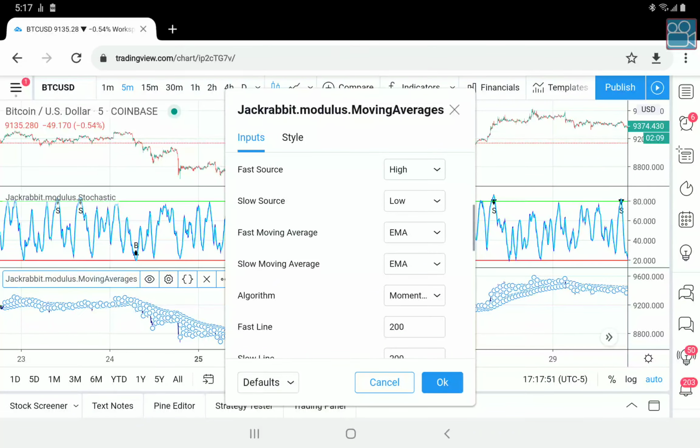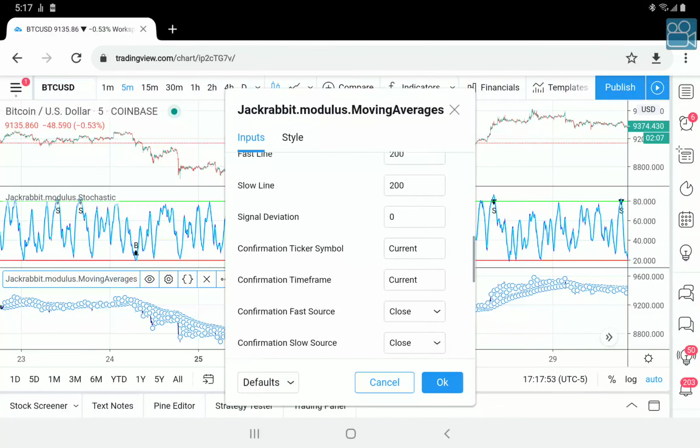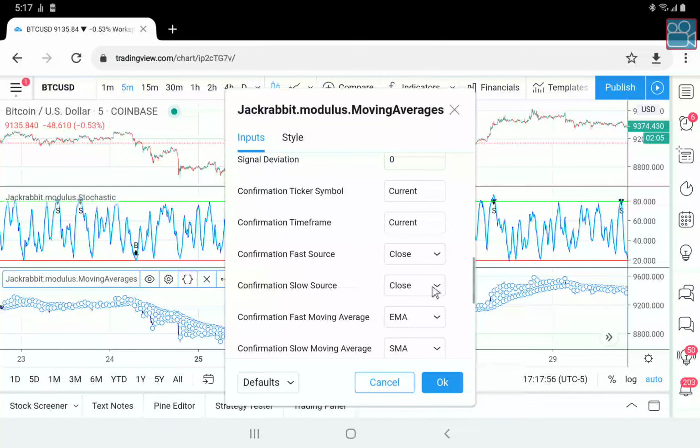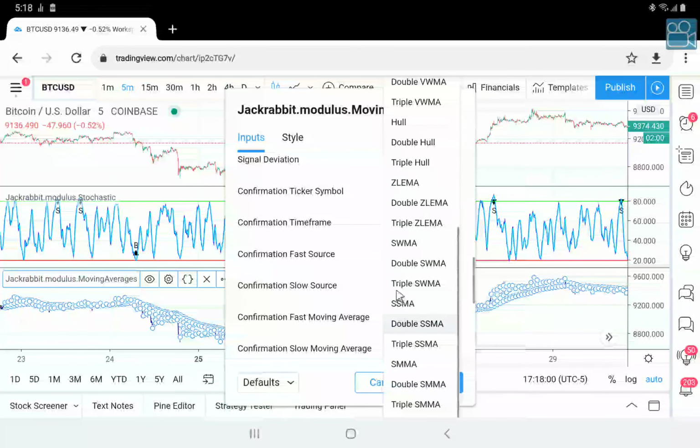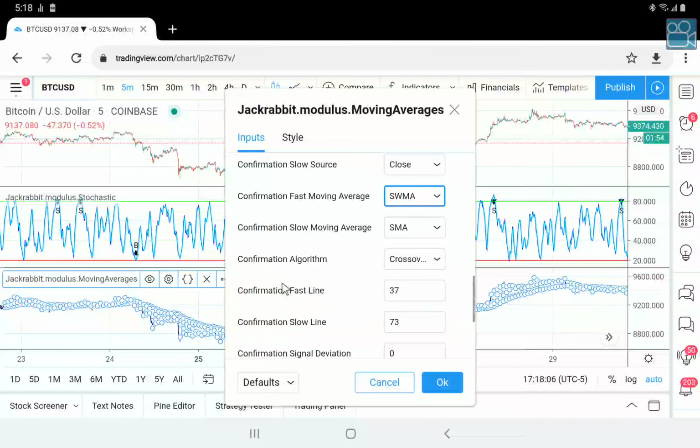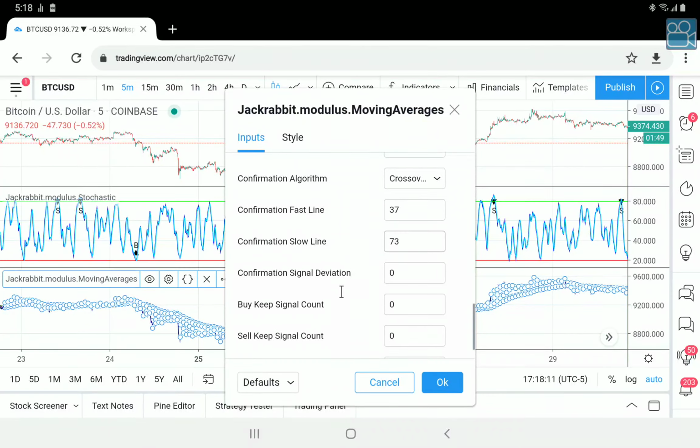MACD version 1 and MACD version 4. Set the fast moving line to SWMA and set the algorithm to the 37 rule.